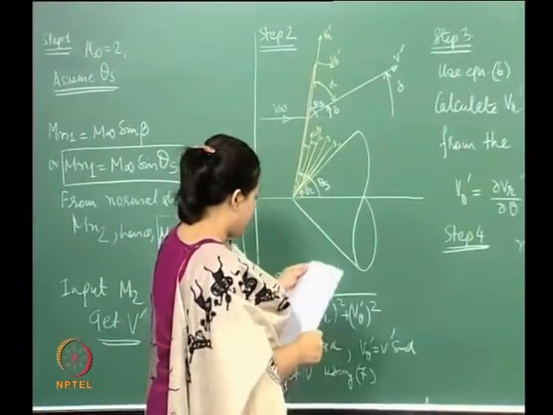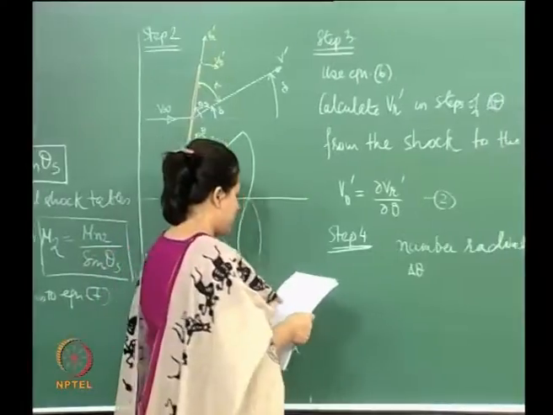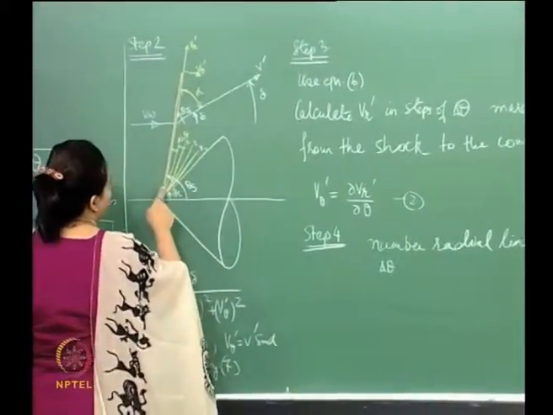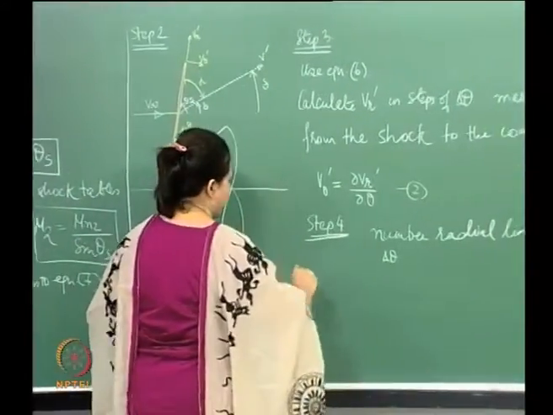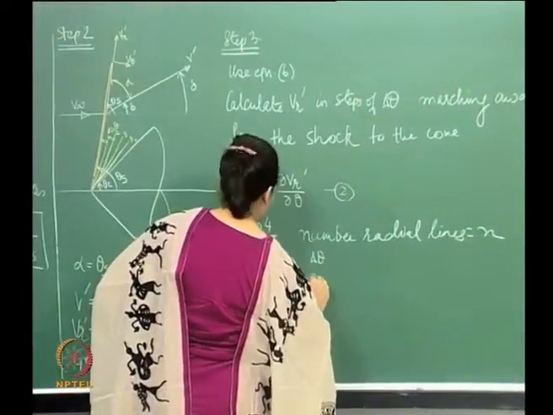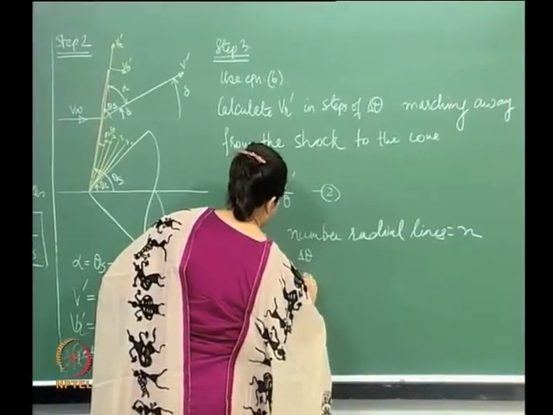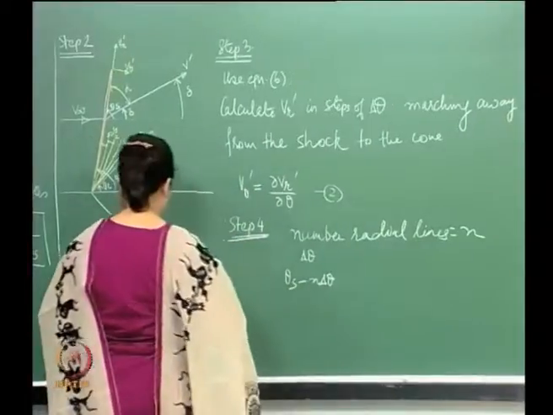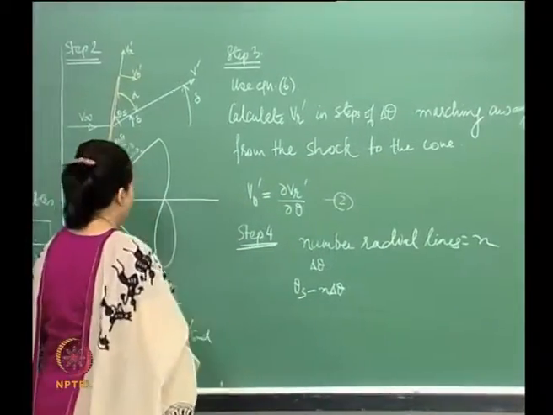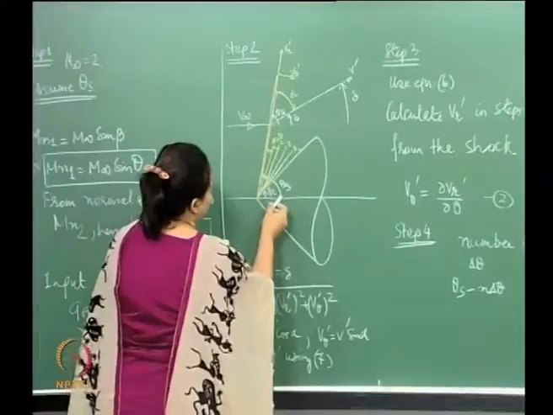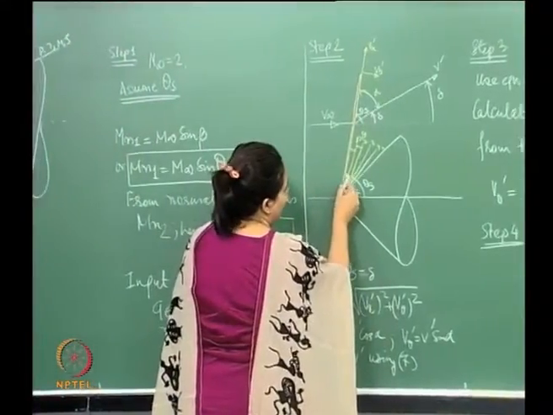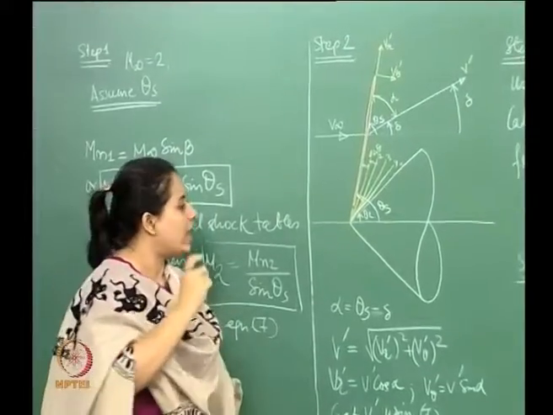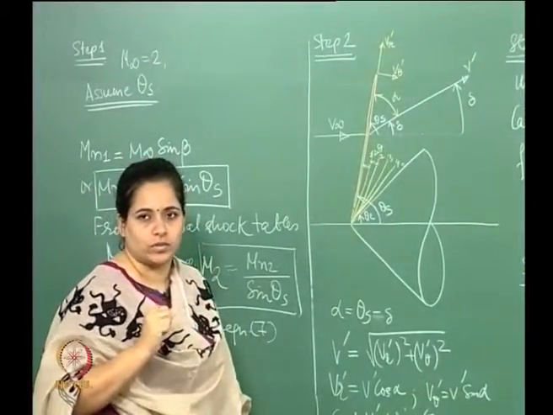Okay. All right. So, therefore, theta s minus n delta theta. So, when I get theta s minus n delta theta, I should have reached the surface of the cone, isn't it?